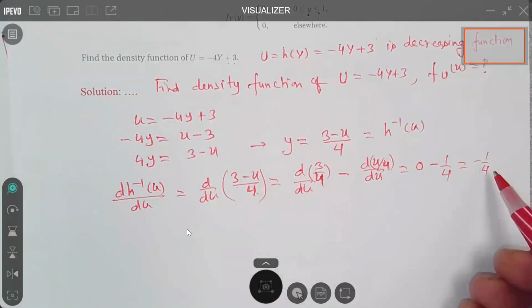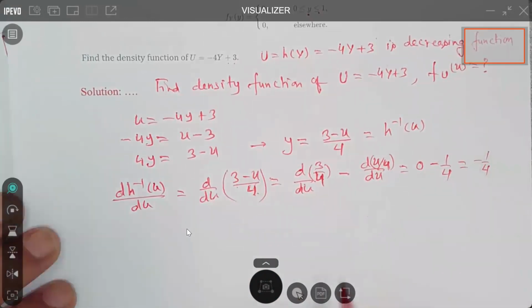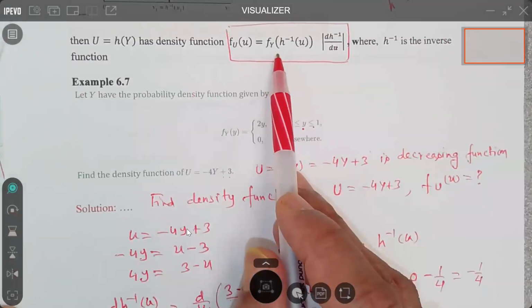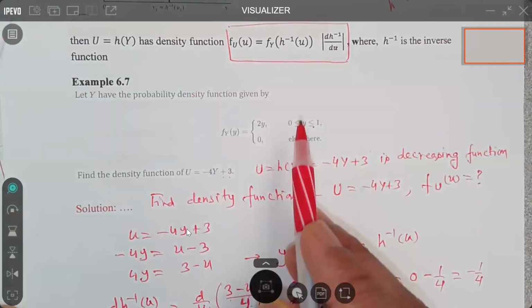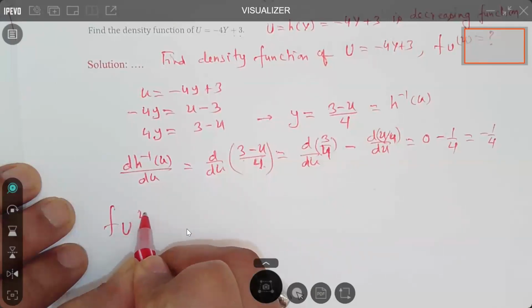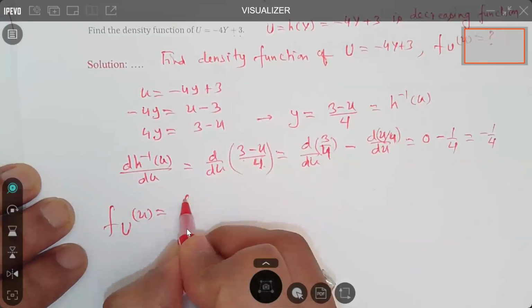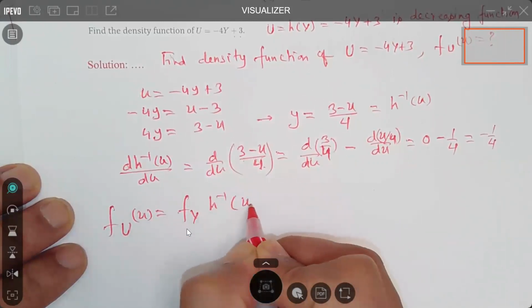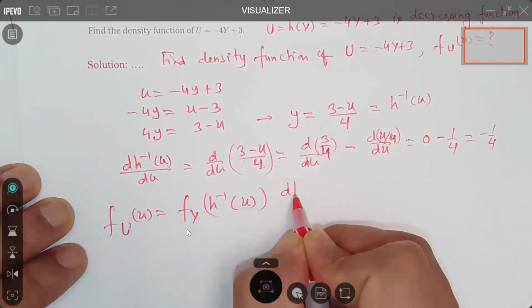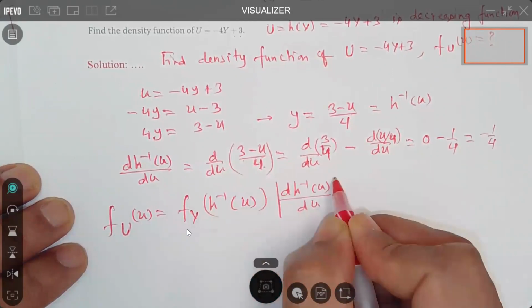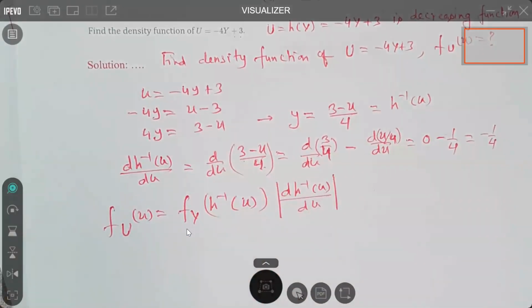Now you see it is decreasing, that's why we have the negative here, right? Now we want to apply this one here. So f_U of u equals f_Y of H inverse u, times the absolute value of d H inverse u by du.